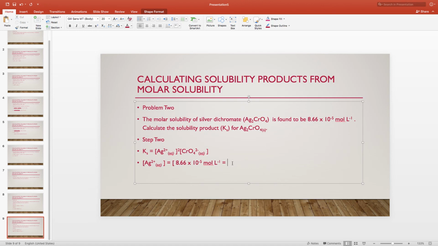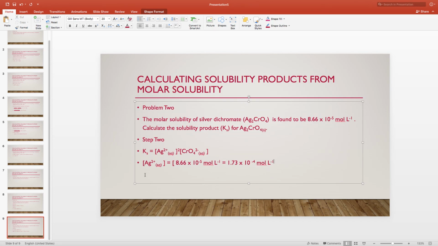So that would be 1.73 times 10 to the negative 4 mole liter to the negative 1.